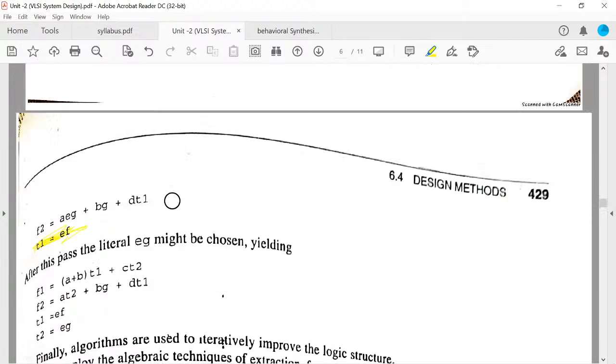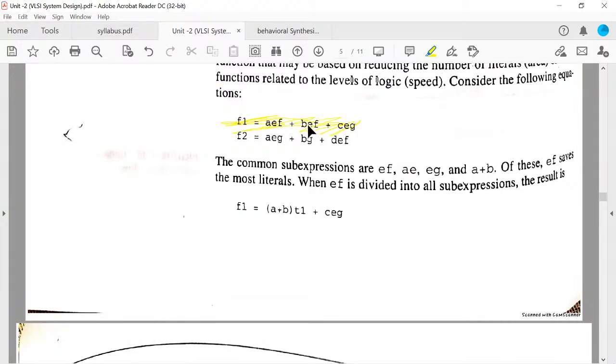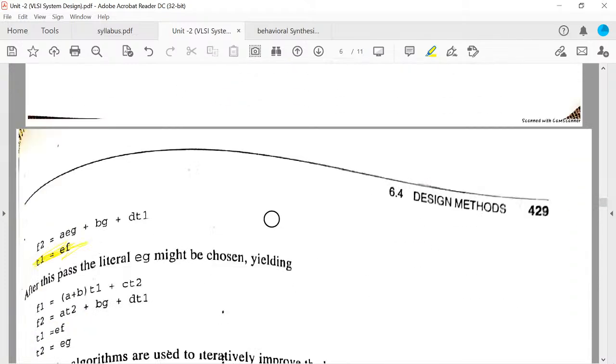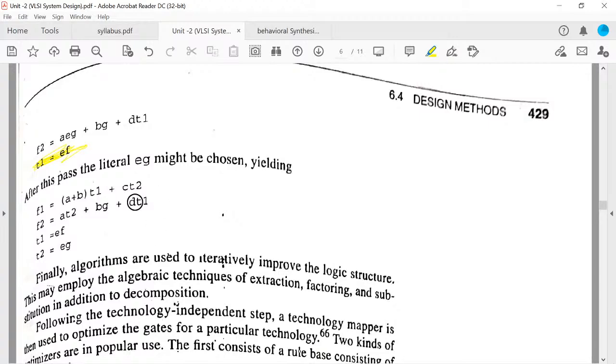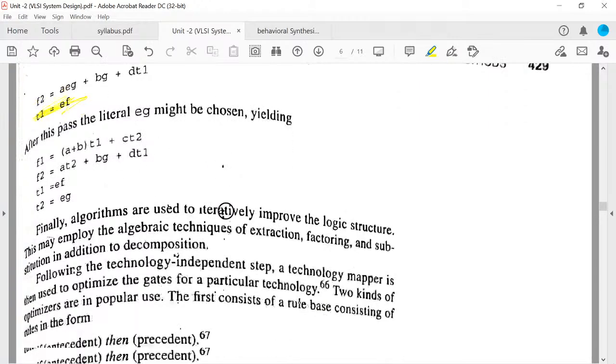Because we are taking ef as a common element and making it the variable t1, it will definitely speed up the process.